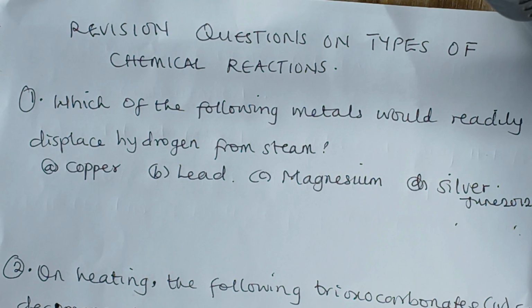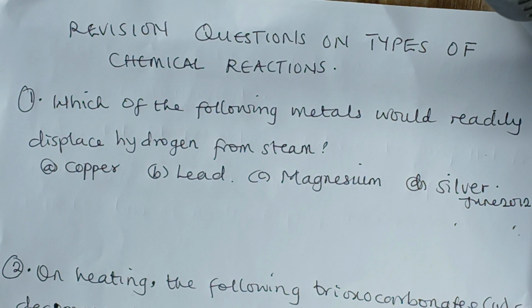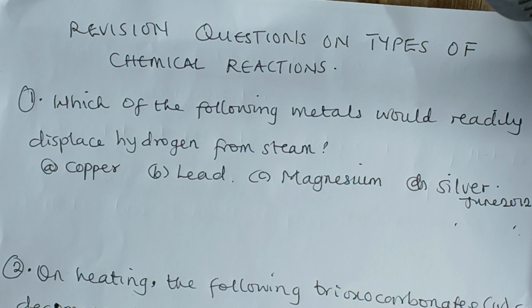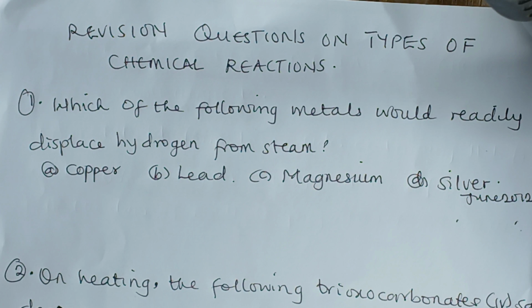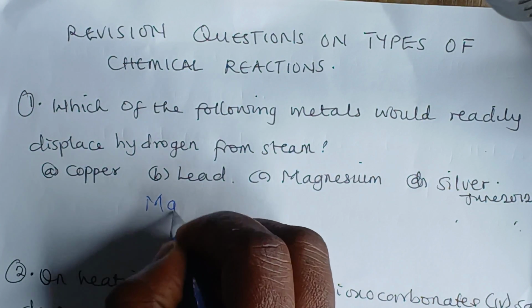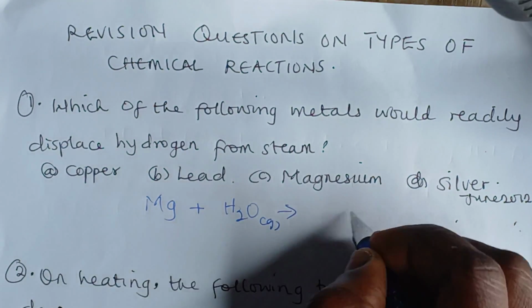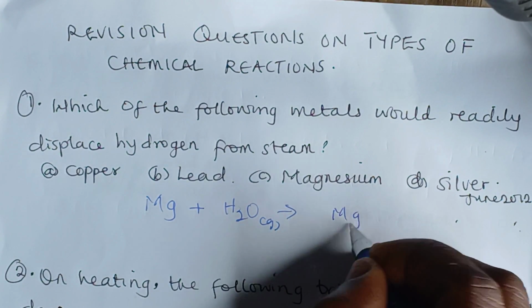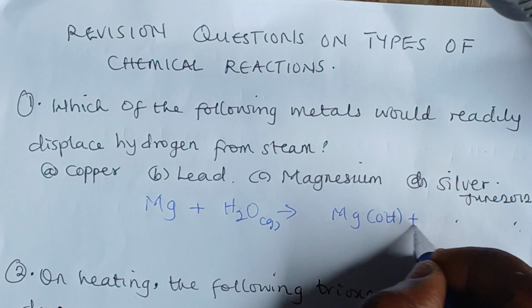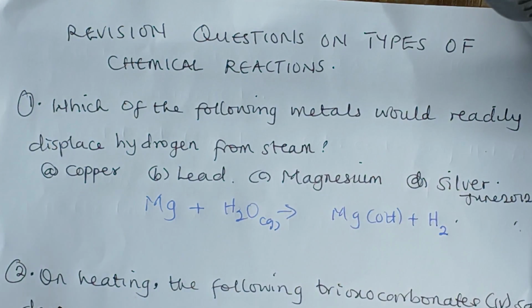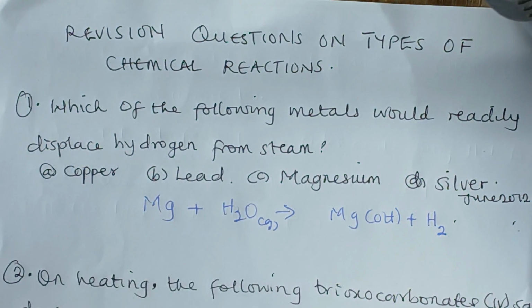Magnesium too reacts with steam, but magnesium reacts more readily than lead. So the best answer here is magnesium. Magnesium reacts with water in gaseous form to form magnesium hydroxide and hydrogen gas, while lead will not liberate hydrogen gas.